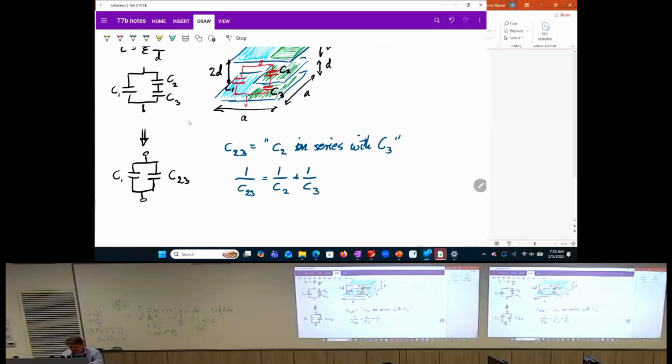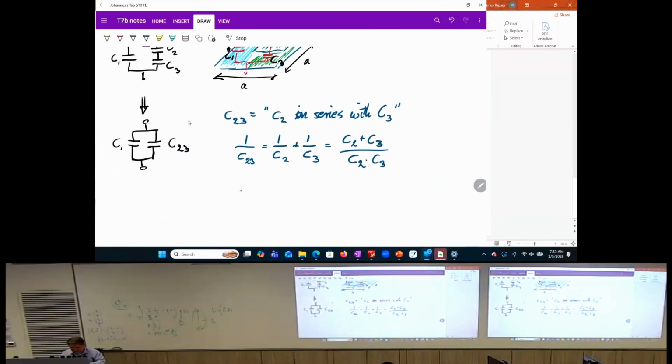So that would be (C2 plus C3) divided by (C2 times C3). And then we just take the inverse. C23 is hence C2 times C3 divided by C2 plus C3.